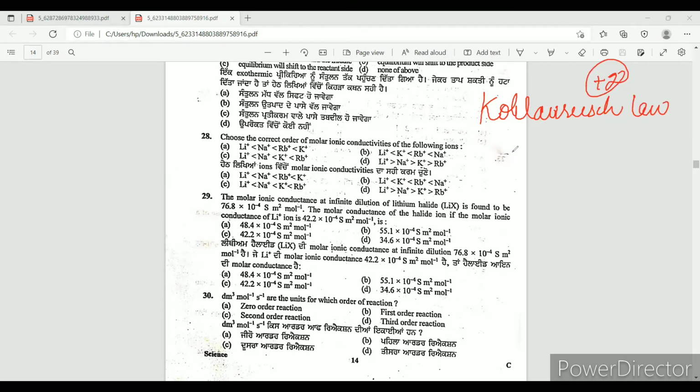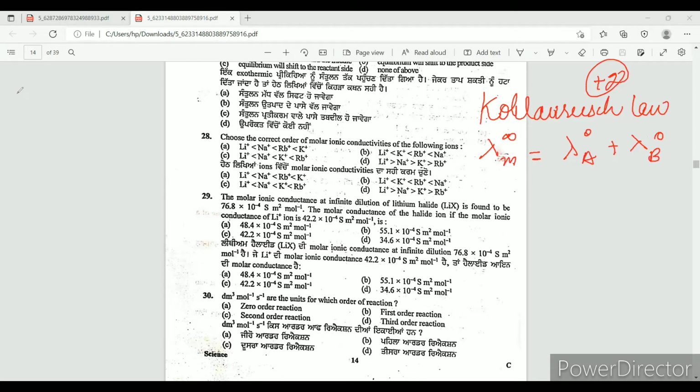What does the law state? The molar ionic conductivity at infinite dilution is equal to the sum of the molar conductivities of the individual ions.